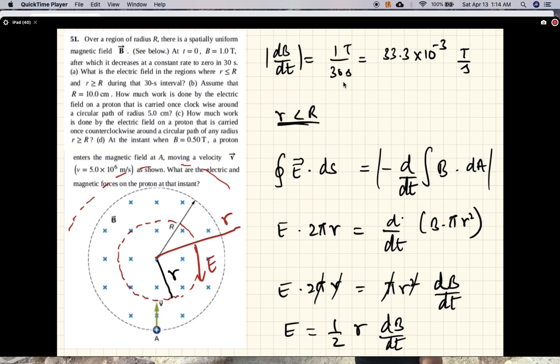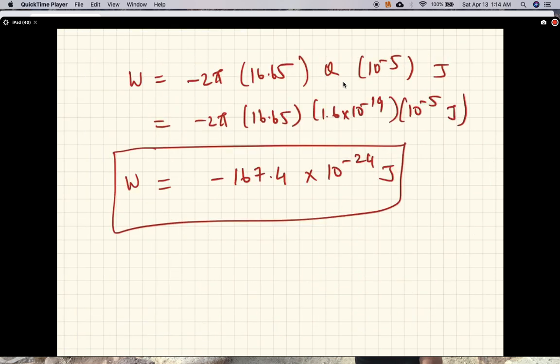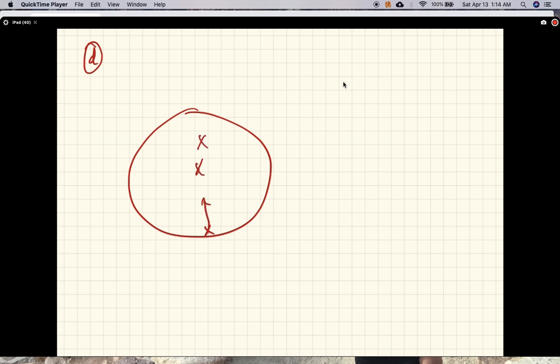Find the electric and magnetic forces on the proton at that instant. Okay, I won't do the numbers, I'll just set it up, and this problem is a little too complicated for it to be on the exam, so you don't have to worry about that. So the magnetic field is into the sheet, the velocity is like that.